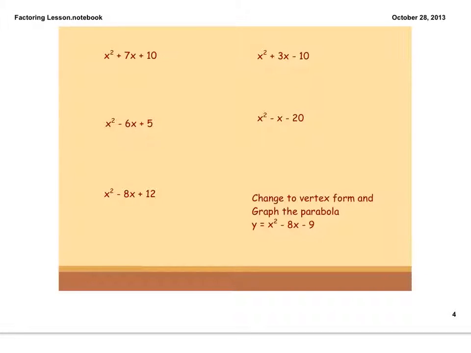So I would say, take a few minutes, make sure that you're okay here with factoring with a leading coefficient of 1. These guys tend to be the easier ones because really all you need to think about is the product, which is C, and then those factors that add to B. So x plus 5, x plus 2.